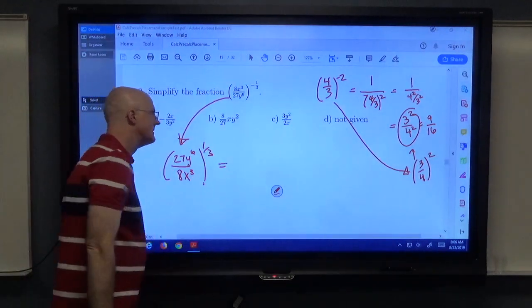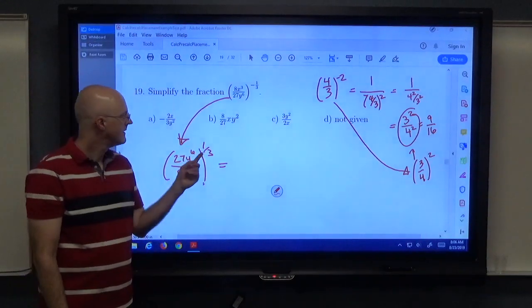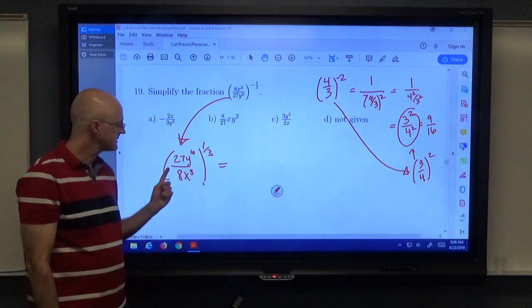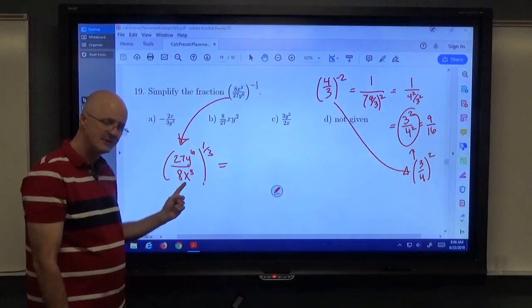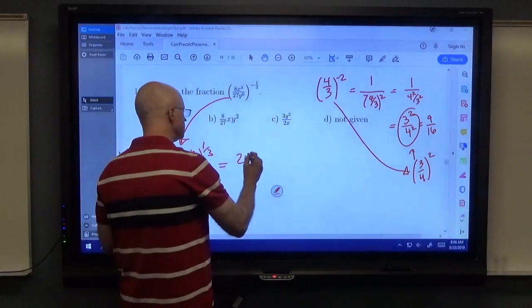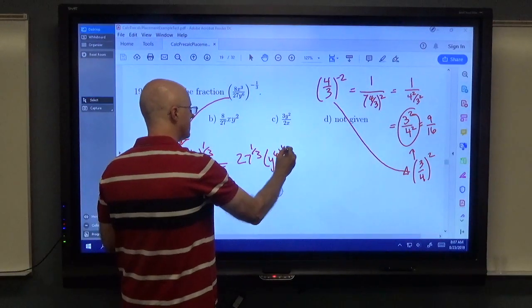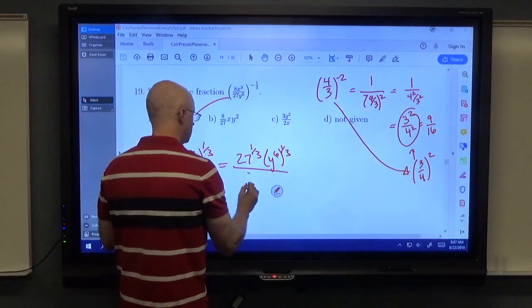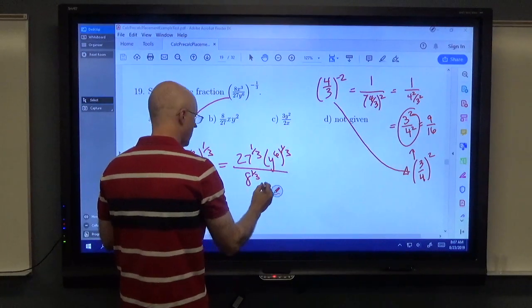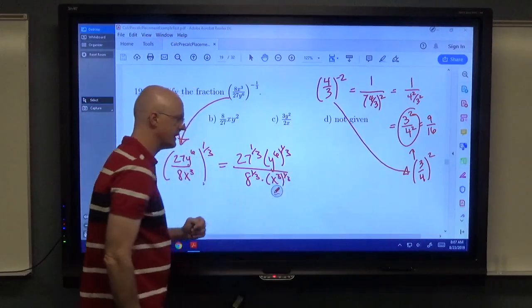power. And just like we had a few problems ago, this power now can get distributed, so to speak, through all the factors, including factors in the bottom of the fraction. But now it looks worse. It's actually better. We can now simplify this pretty quickly.